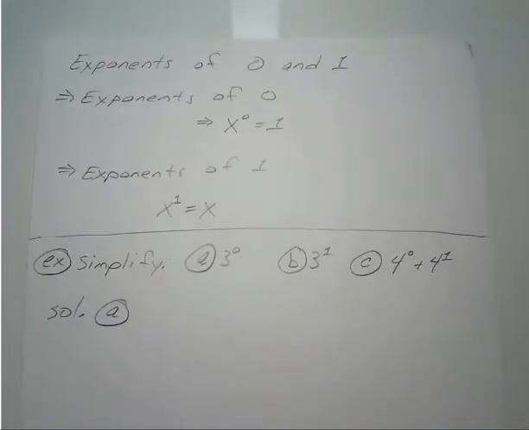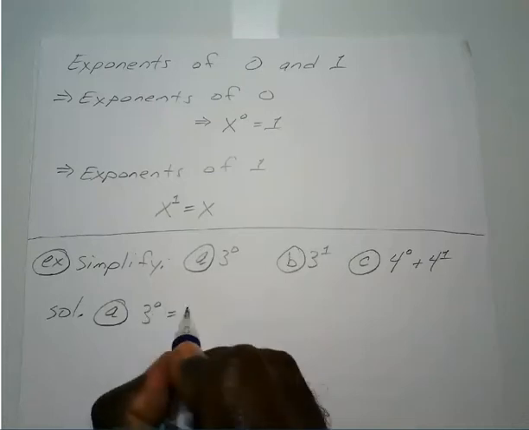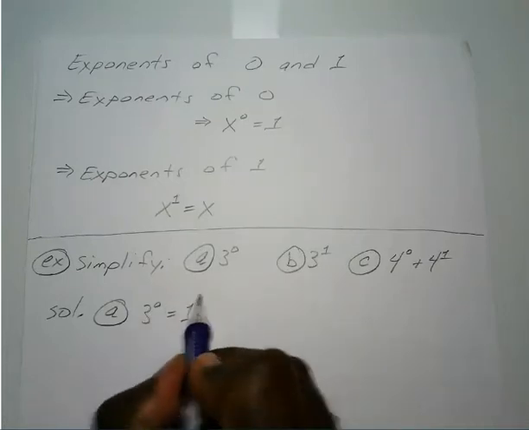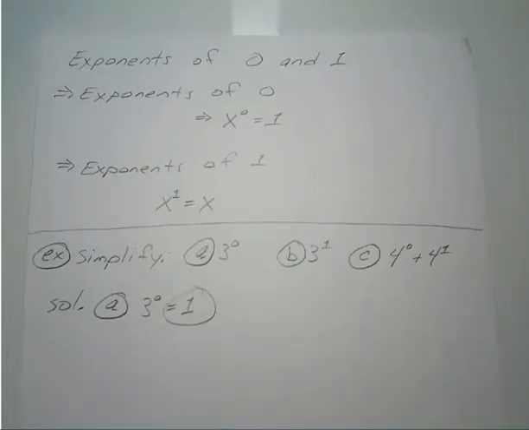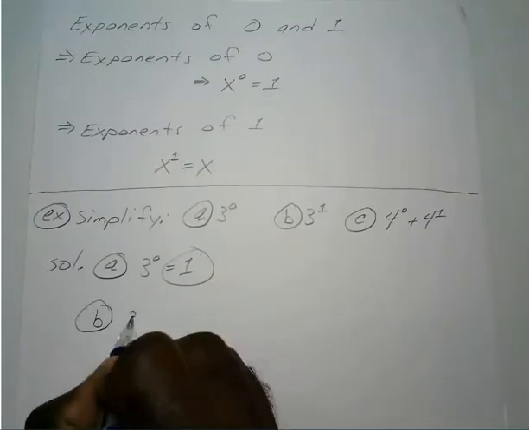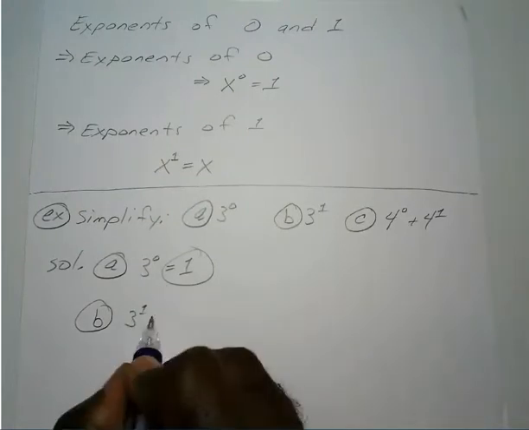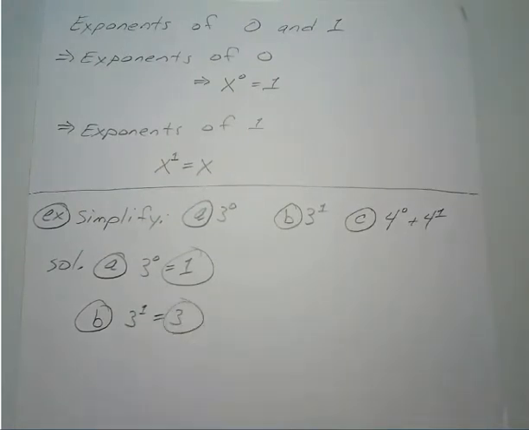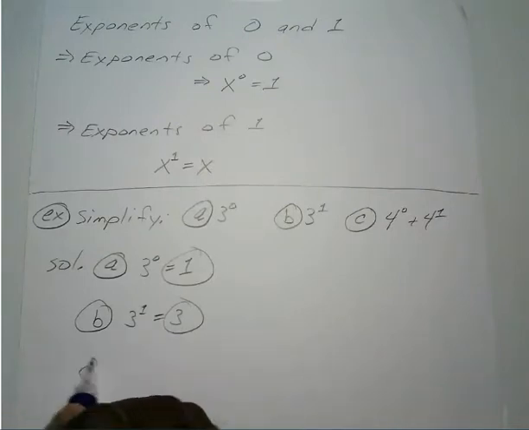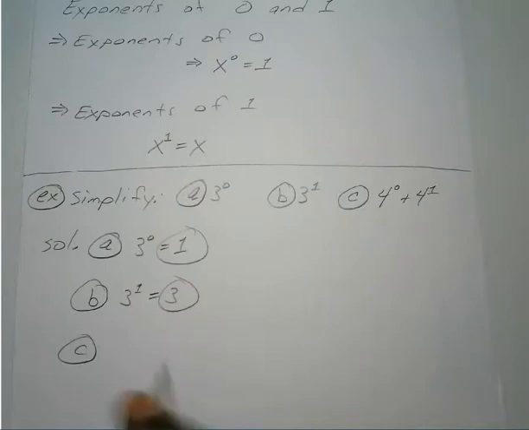Okay, so 3 to the power of 0, anything raised to the power of 0 is just 1. Okay, so for B, 3 to the first power, anything raised to the first power is just that value. Don't have to do anything else to it. Now for C, we're going to combine both of them in one problem.